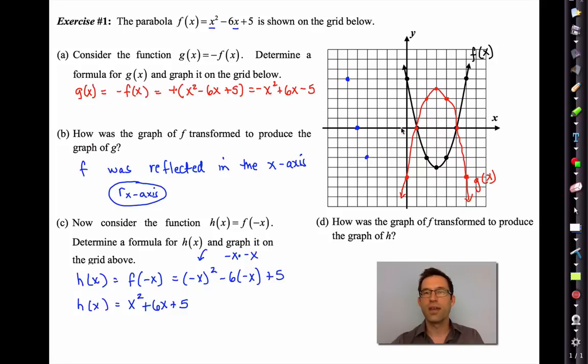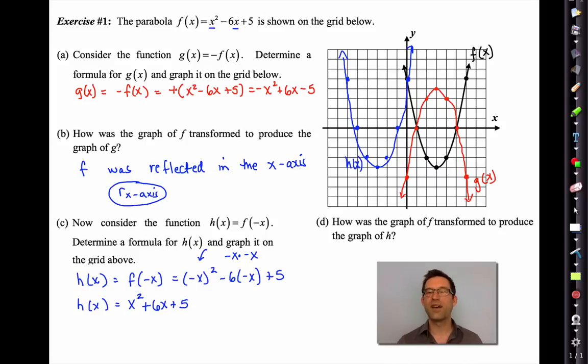Then I found negative 3, negative 4. Then I found negative 2, negative 3. Then I found negative 1, 0, and 0, 5. So I ended up with this lovely graph. And that's the graph of h of x.